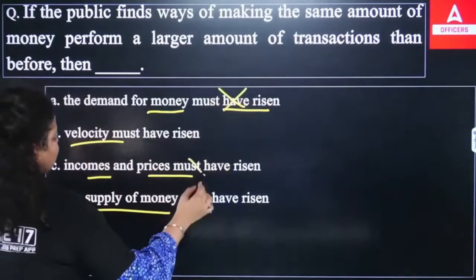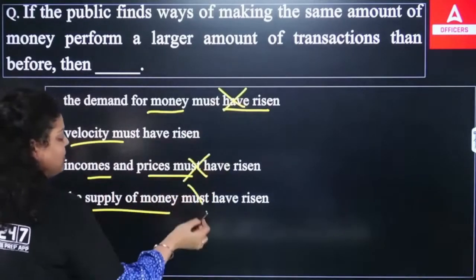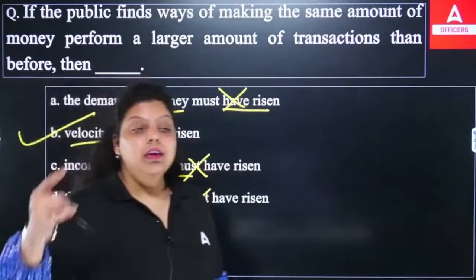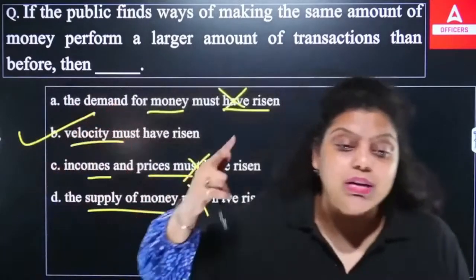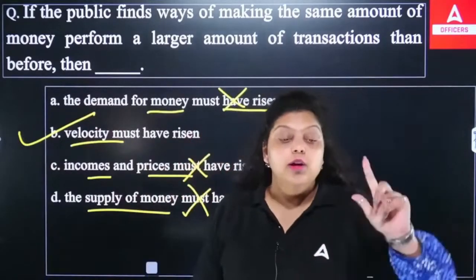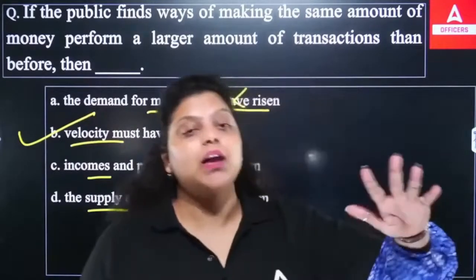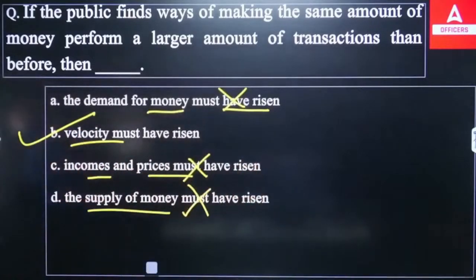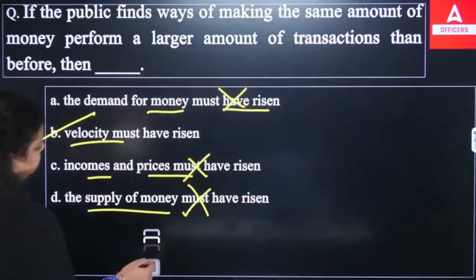The income and prices must not have risen. The supply of money must not have risen. The velocity of money has risen. It means that the purchasing power of money increased. That's why in 200 rupees you are able to purchase 4 products. So when the value of the currency increases, the velocity of money must have risen. So right answer will be your B option.